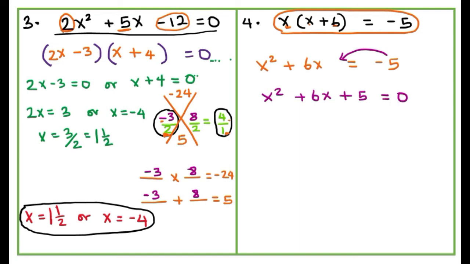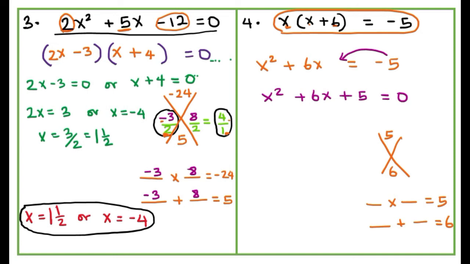So what we have got to do at this point is to look for two numbers that can be multiplied to get 5 but added to get 6. Two numbers multiplied to get 5 but added to get 6.